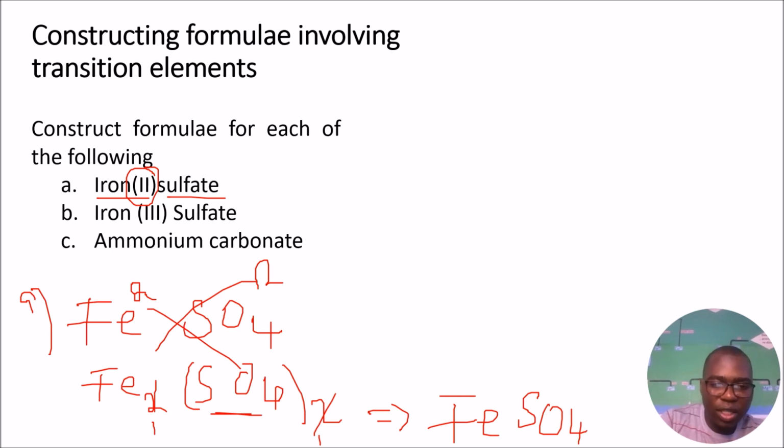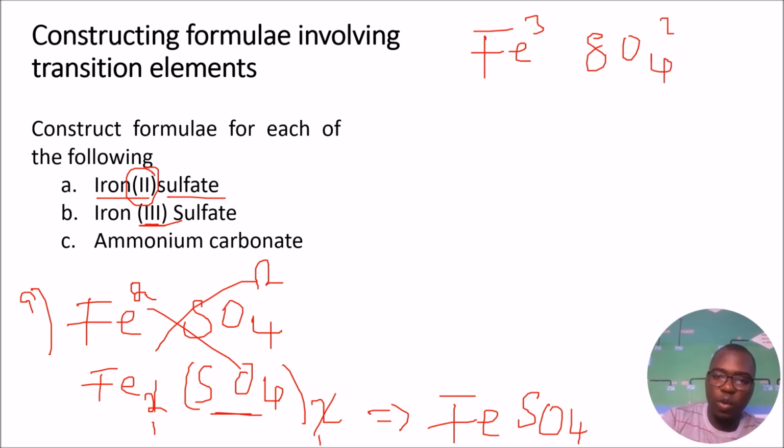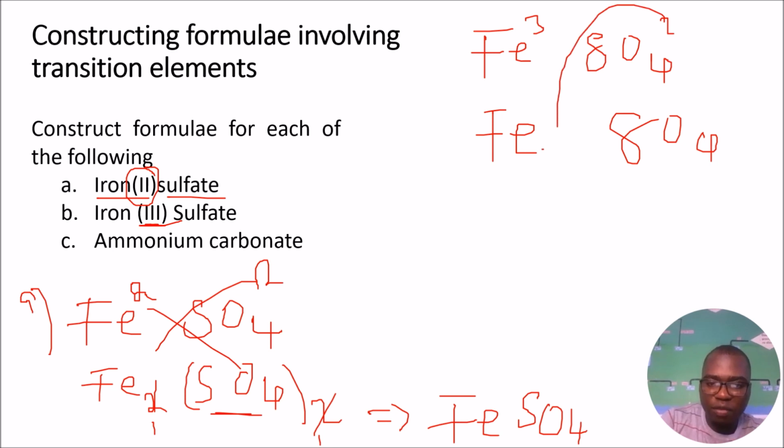The same one here, in the brackets for B, they've changed to iron 3. So here, it is going to be Fe3, then SO4 with a valence of 2. So we write these species again, Fe, and then SO4. Okay, so these 2 will come peacefully here. Then the 3 will go to this radical.